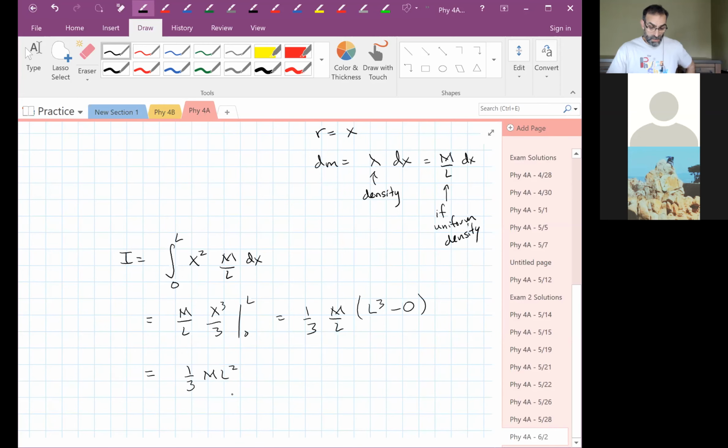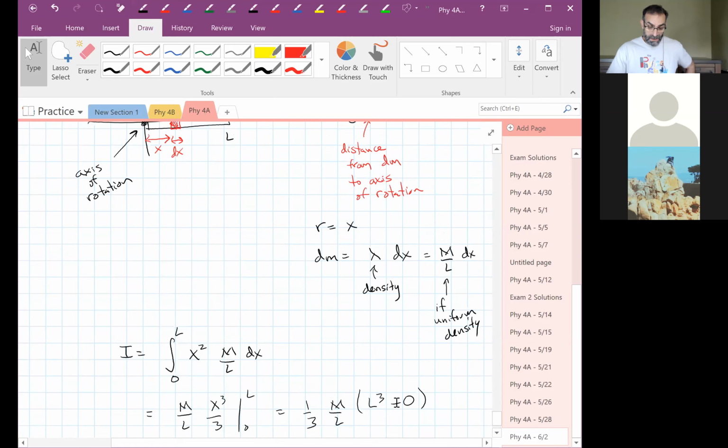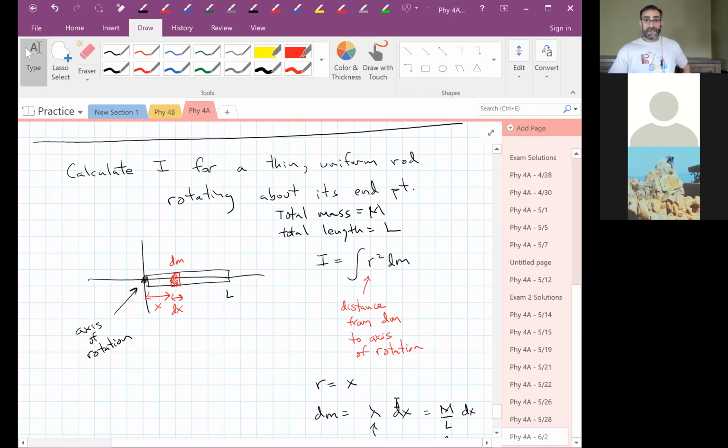Now it's going to change. This is only for a uniform rod rotating about its end point. If we rotate the rod about its center point, what happens to the rotational inertia?